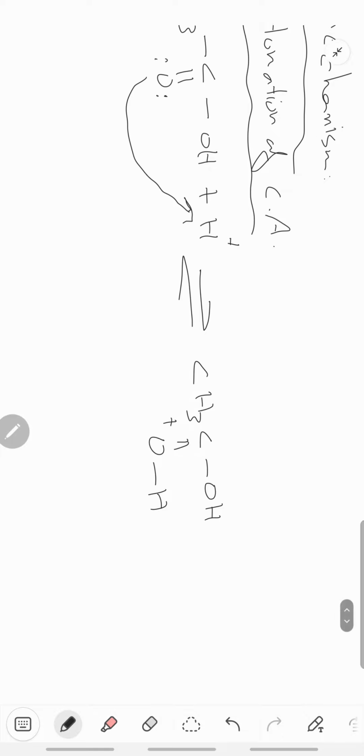Once the protonation occurs, the next step is the attack of alcohol, and that will be like the CH3, CH2, OH, and it will be like that.